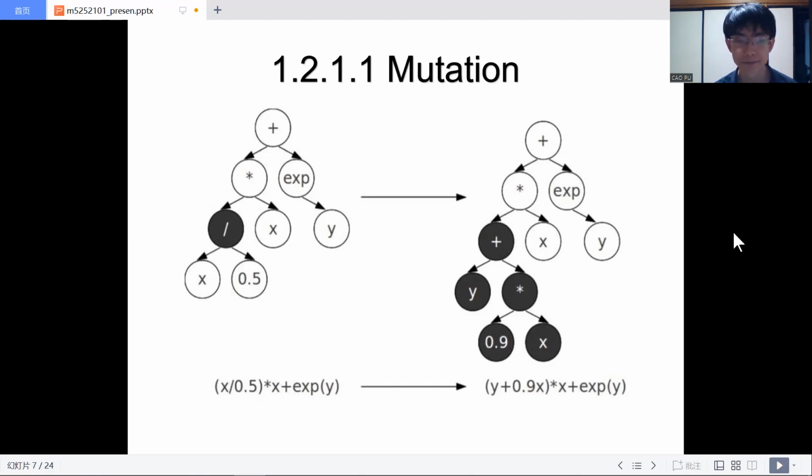Then you pick the position, then cross over the subtree from the selected position, and now we will get two new individuals, right? Then add these two new individuals to the new generation.